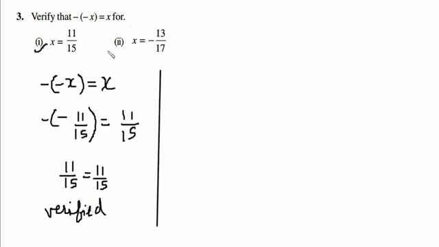That was your first. And now the second one, x equals minus 13 over 17. Again we will write the given equation, that is, minus of minus x equals x. We will plug in the values. In this case x is negative of 13 over 17. Minus as it is, minus as it is. Now the value of x. Again we are introducing one bracket so that we don't get puzzled.